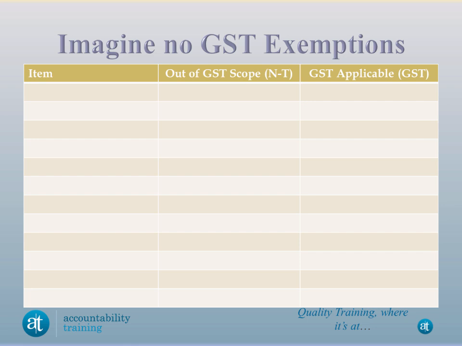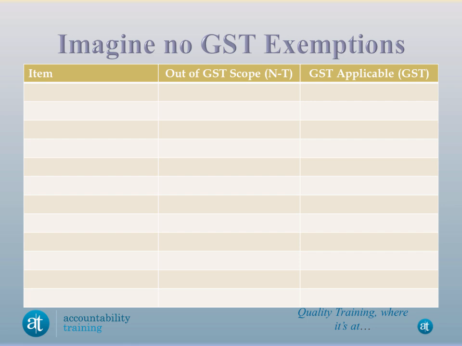The third step is to imagine that there was a pure GST system in place where there were no exemptions of any kind on any form of goods or services supplied, regardless of what is supplied and to whom it is supplied. In this case, there would be a need for only two tax codes.